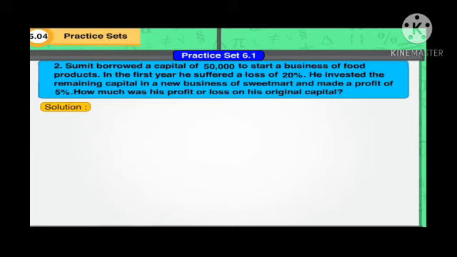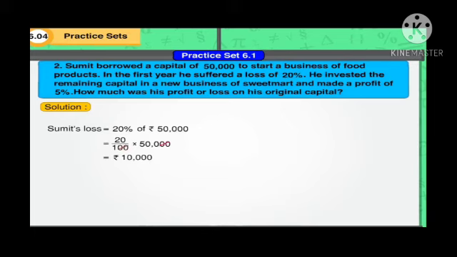Now, Sumit suffered a loss of 20% on capital 50,000. So, Sumit's loss is equal to 20% of rupees 50,000. 20% is 20 upon 100 into 50,000, that is rupees 10,000.